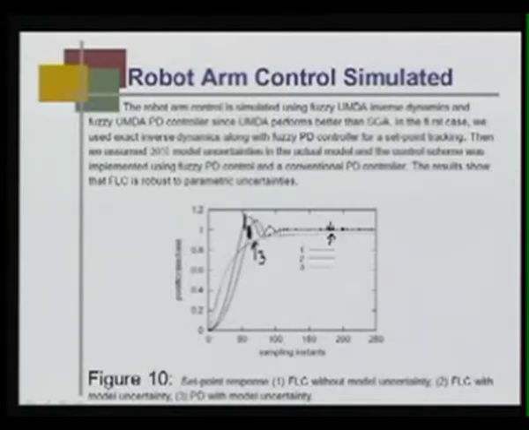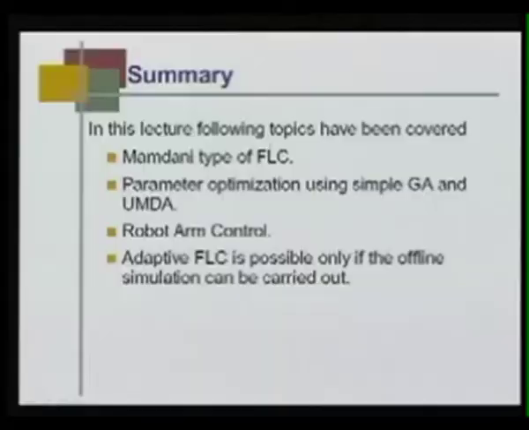So, finally, in this lecture the following topics have been covered. We covered first of all the Mamdani type of fuzzy logic controller, then parameter optimization using the simple genetic algorithm and UMDA.